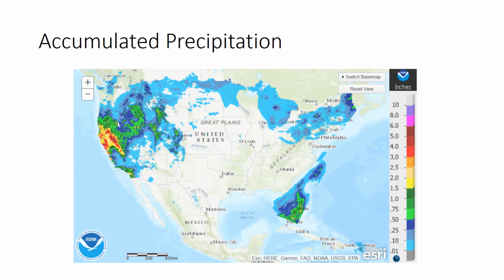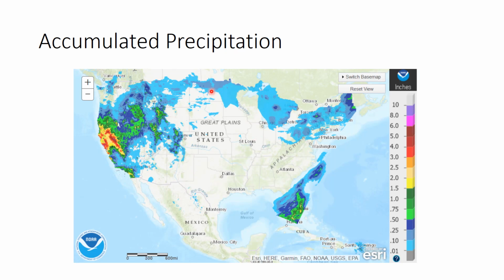Finally, the last thing you're going to see and be asked questions on is what's called an accumulated precipitation map. Using Doppler radar from the past 24 hours, it puts together an estimated accumulated precipitation. So how much rainfall did this location get? The way it works is that areas with no shading, where you just see the underlying map, had no precipitation.